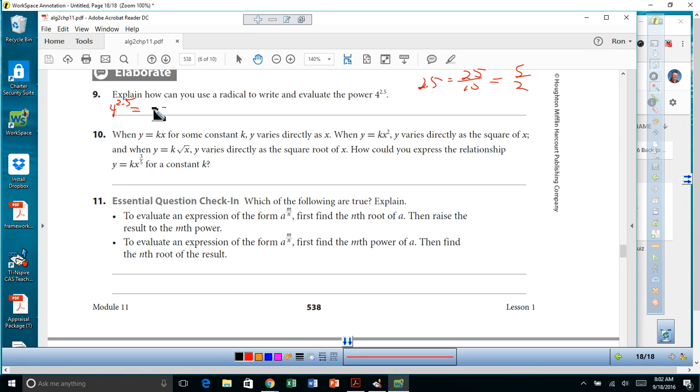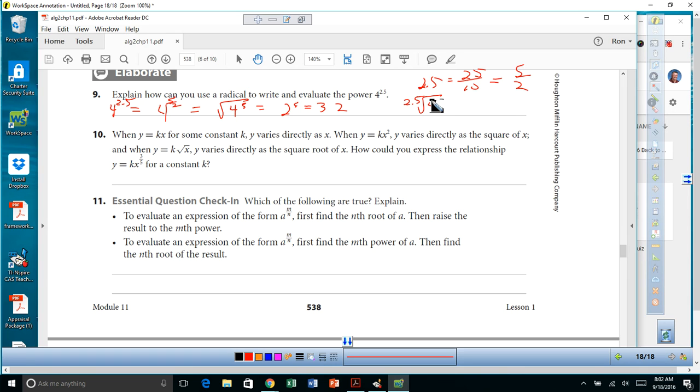So that would give you 4 to the 5 halves, which would be the square root of 4 to the 5th power, which would be 2 to the 5th power, which is 32. And to me, that would be a lot easier to do than that right there.